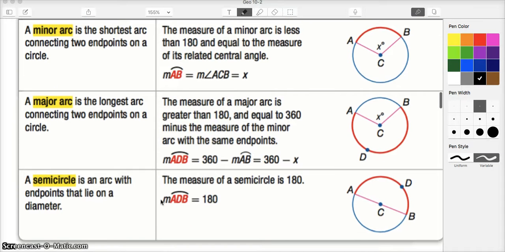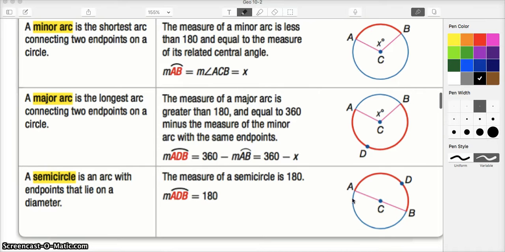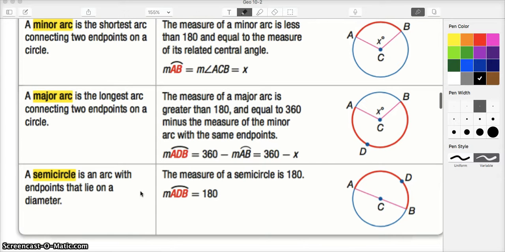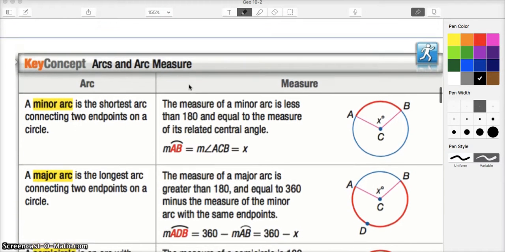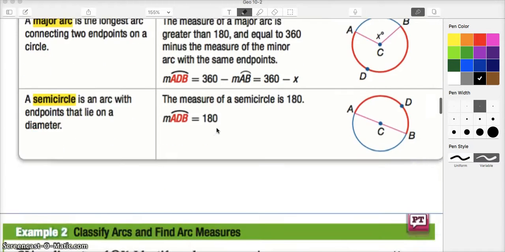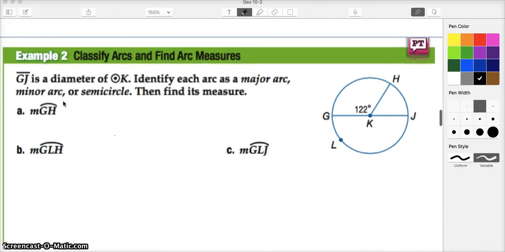And also a semicircle. I didn't indicate this. For a semicircle, you'll use 3 points on the arc to name it, and the measure of it is 180. The measure of these other arcs would be X.